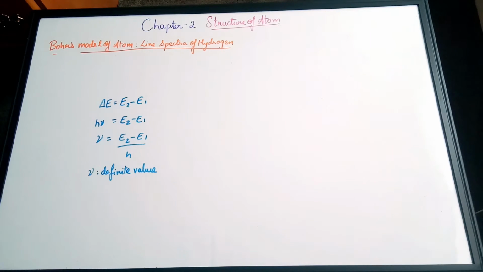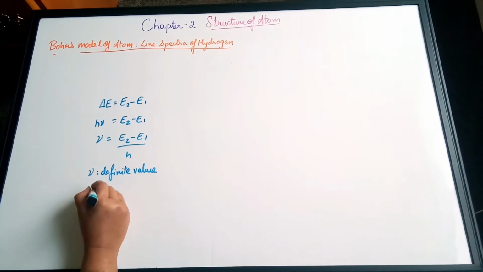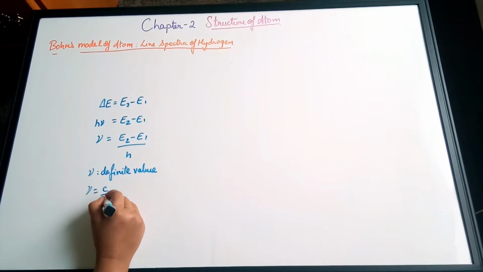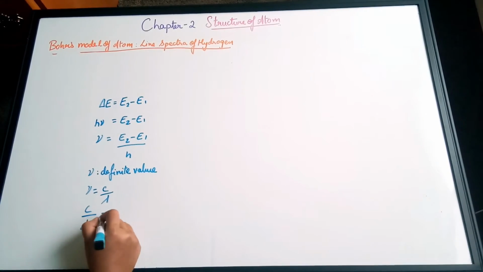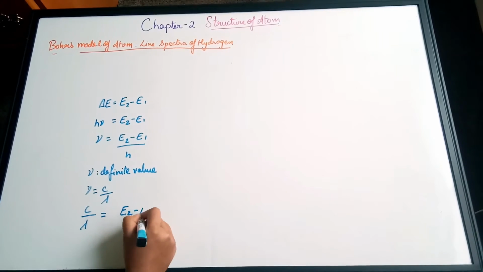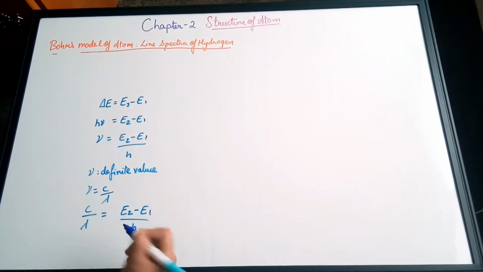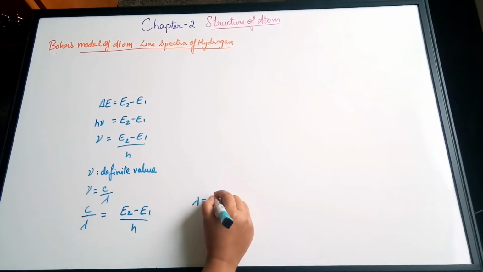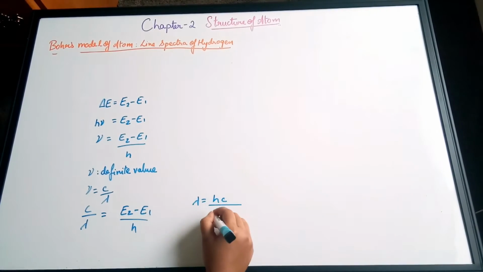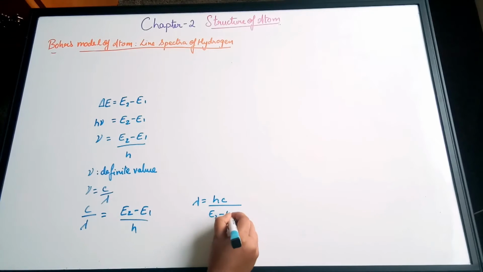So frequency is related to wavelength. We know that mu equals c by lambda. So c by lambda equals E2 minus E1 by h, and this can be written as lambda equals hc by E2 minus E1.